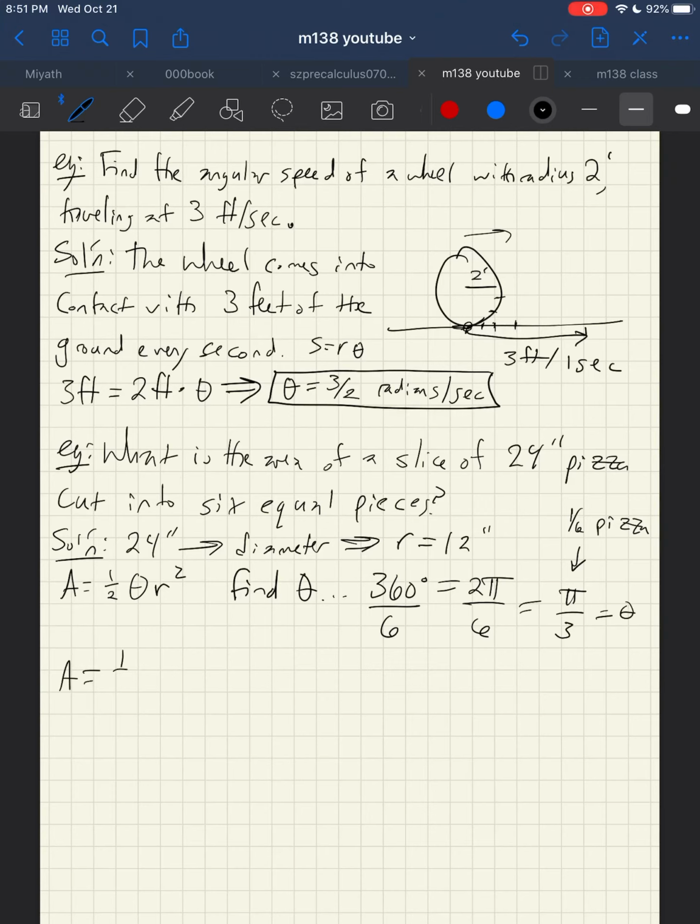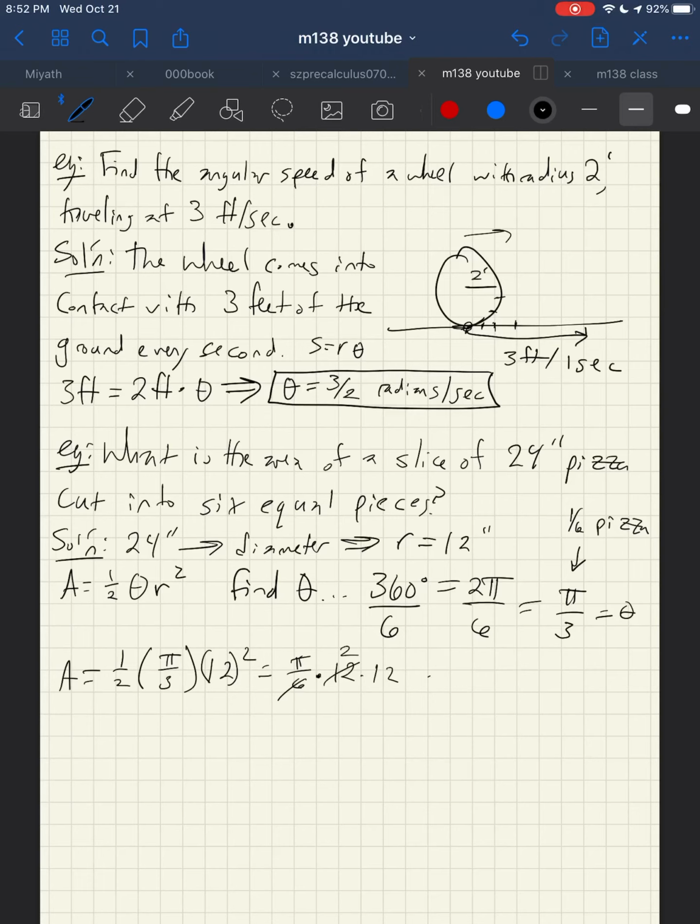So I plug it in, I get A equals 1/2, theta is pi over 3, and r squared, so 12 squared. So I get pi over 6 times 12 times 12.